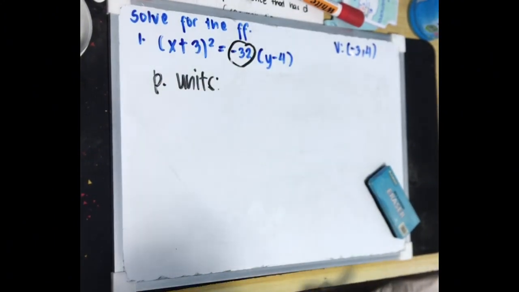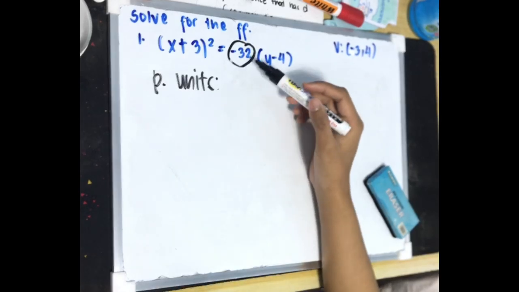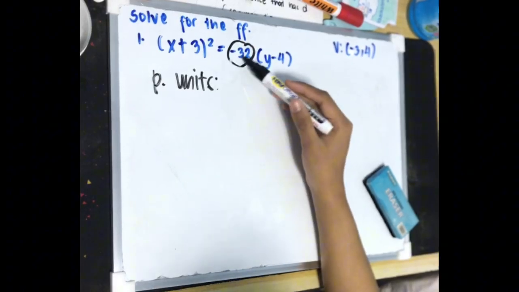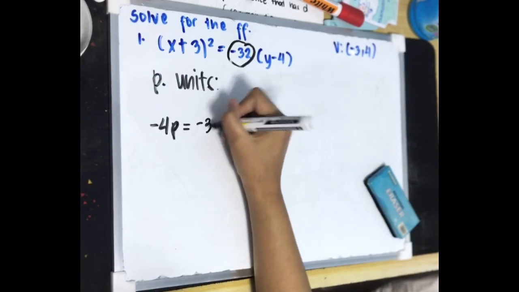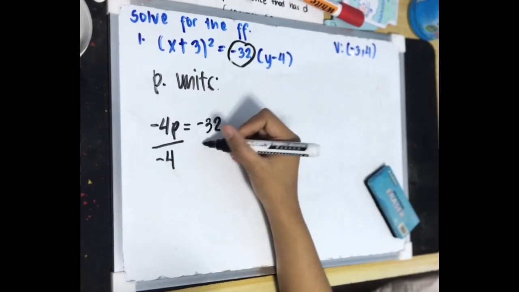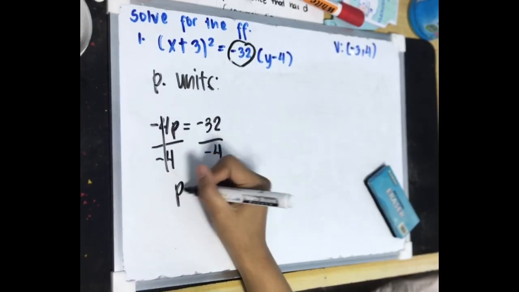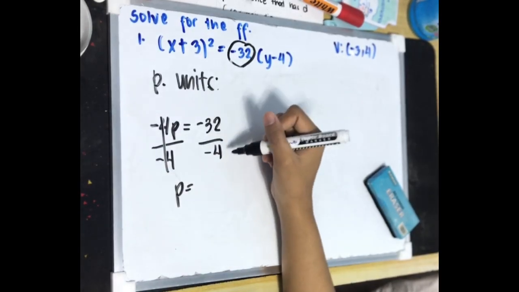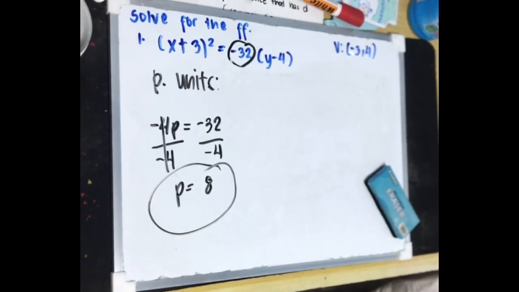So to find our P units, automatically this is 4p. Since 4p is negative, we will put here negative 4p equals negative 32. So to cancel out the 4, we're going to divide both sides by negative 4. So our P is, if you divide negative 32 over negative 4, it will be 8. So our P units is 8.